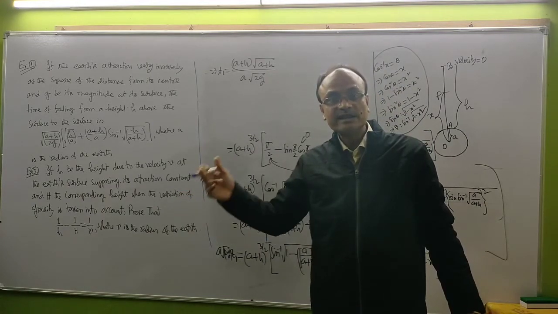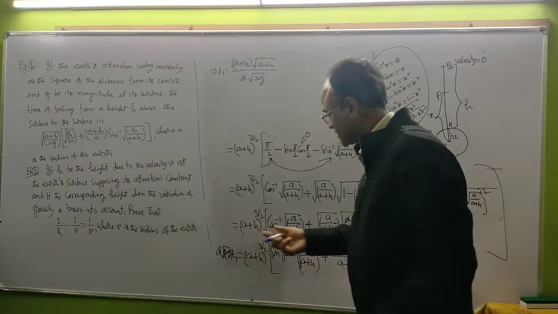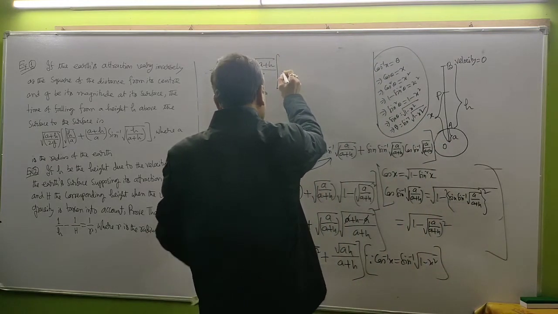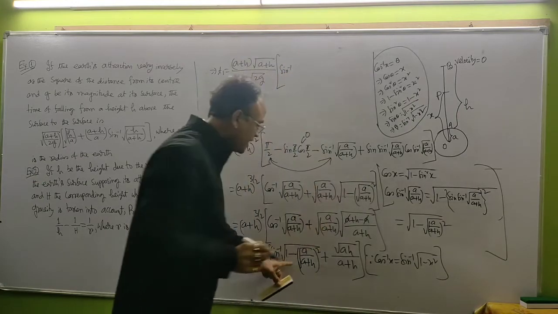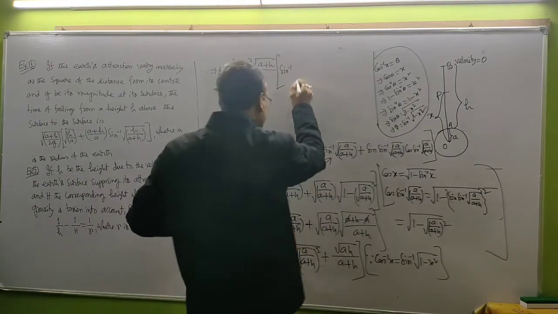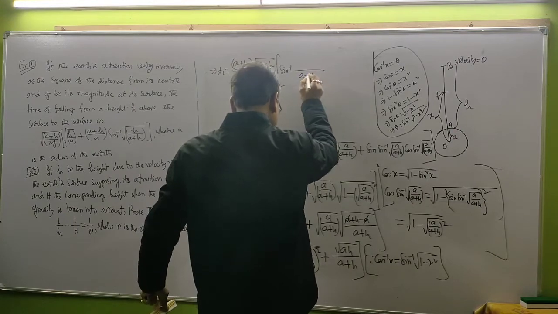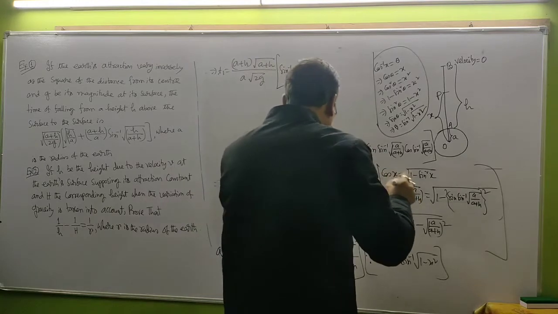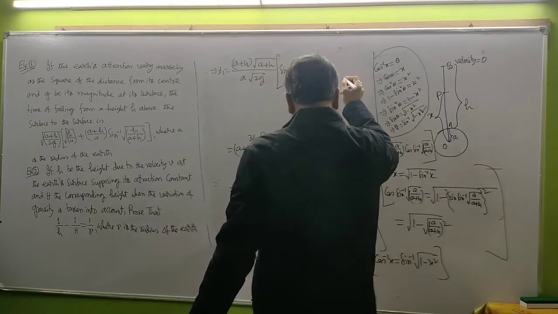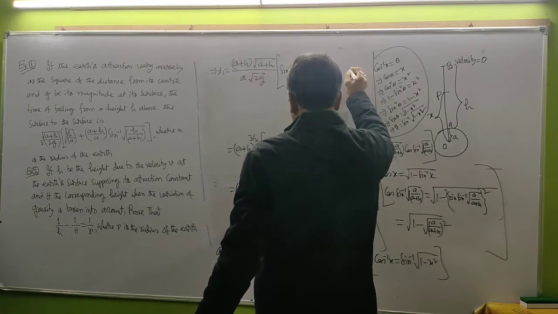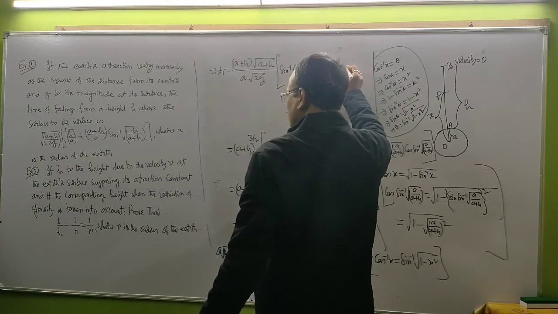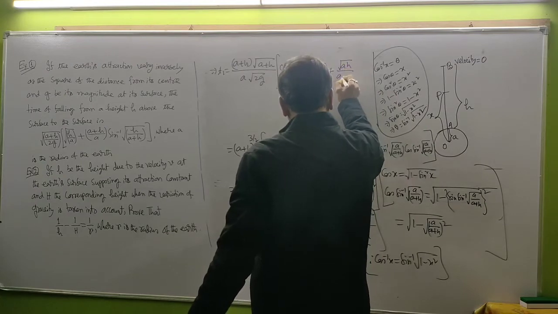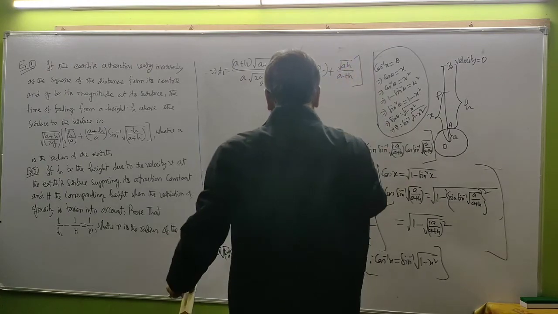It is equal to A plus H root over A plus H. Sin inverse, in the bracket, 1 minus A divided by A plus H, A plus H minus A, plus root over AH by A plus H.